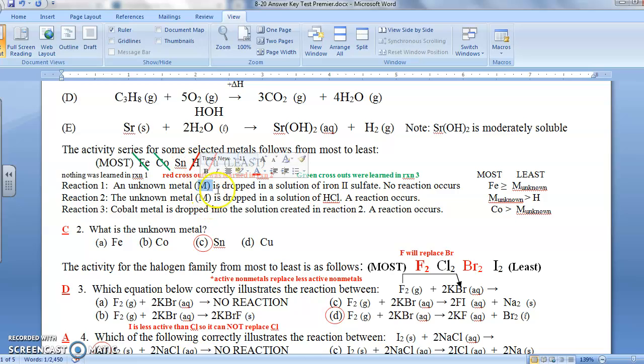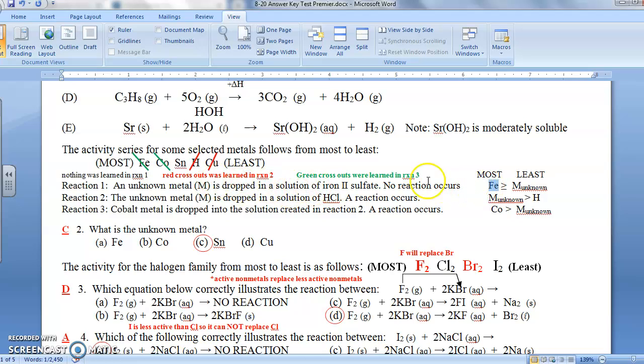in a solution of iron. No reaction occurs. What we can learn from that is the unknown metal is less active than iron. However, it could still be iron because a metal cannot replace itself from solution. A metal cannot force an ion of itself to take its electrons.